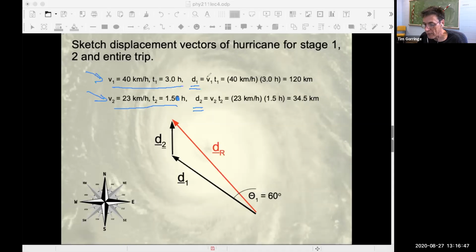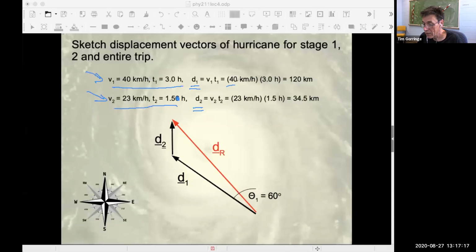So if you're traveling at a certain speed, if you make it larger, you're going to go further. If you're traveling for a certain time, if you make it longer, you're going to go further. So these equations describe that. If I want the length of the first displacement vector, I multiply its velocity times the 3 hours. If I want the length of the second displacement vector, I multiply its velocity by 1.5 hours. And so that's all I did over here.